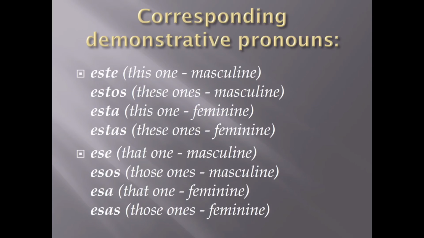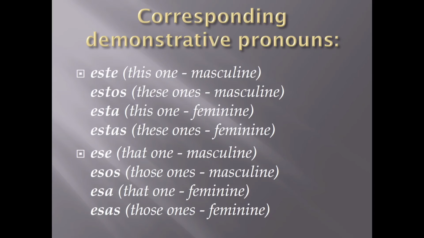Now, let's take a look at demonstrative pronouns. We have este, this one, estos, these ones, esta, this one, and estas, these ones. So we have forms of masculine and feminine, singular and plural for demonstrative pronouns as well.